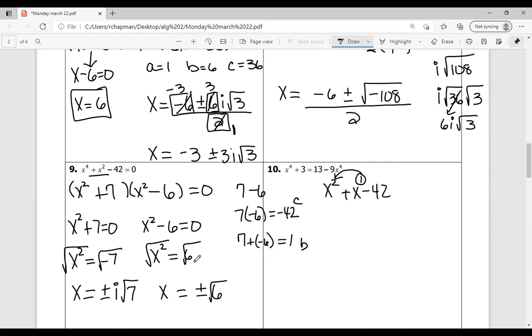So do we have 4 answers? 2 imaginary, 2 real. So the exponent, the degree, the highest power in your problem dictates how many answers you have to find. Do you think some of your answers could ever repeat? Do you think you might have a situation where you have a number that repeats?